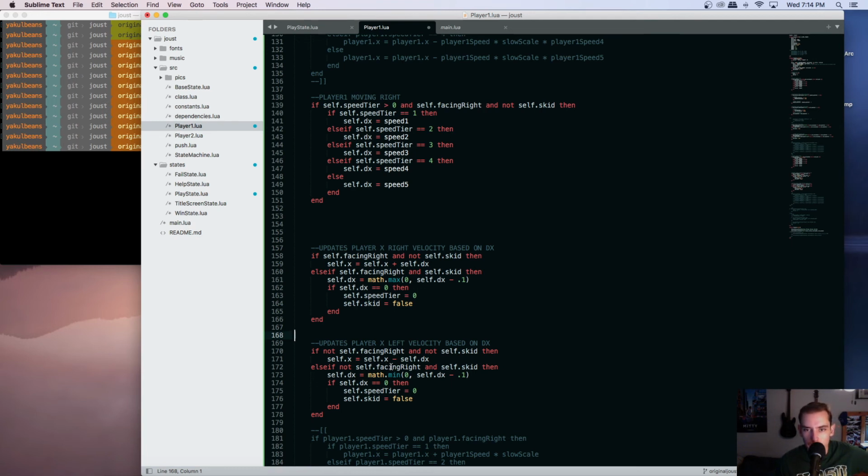If it's facing left and skid, then dx gets... So dx is going to be a positive number.